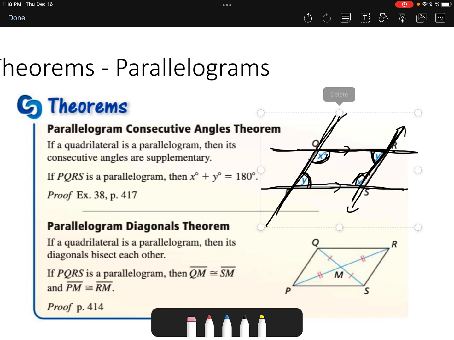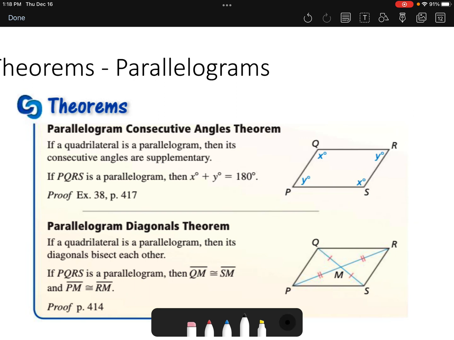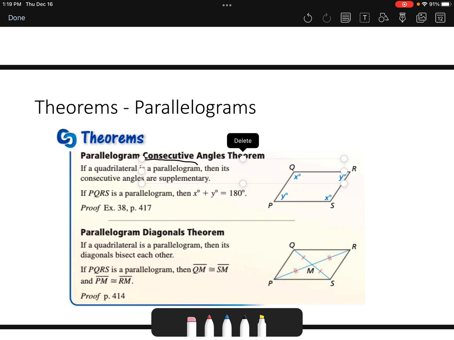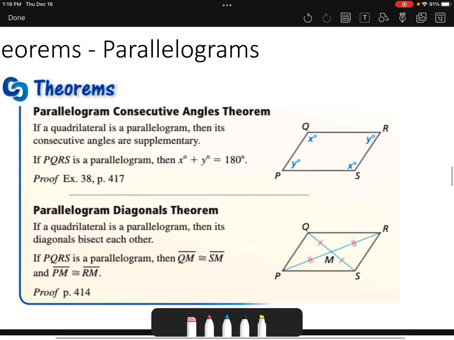And likewise with these two. So in essence then, what we have here are consecutive, which means in a row, consecutive angles of a parallelogram are supplementary. So Q plus R is 180. R plus S is 180. S plus P is 180. And then Q plus P is 180. So that is the consecutive angles theorem.